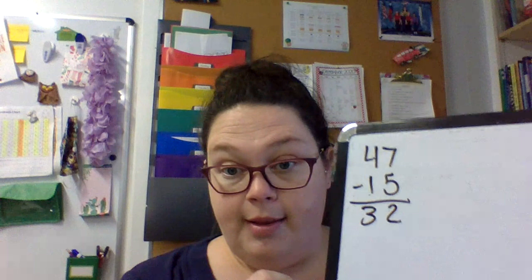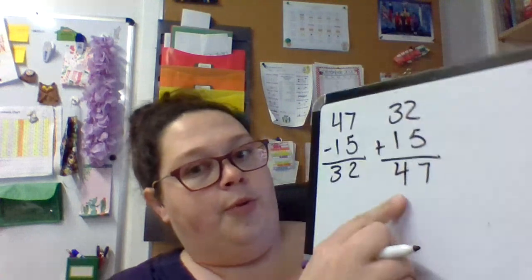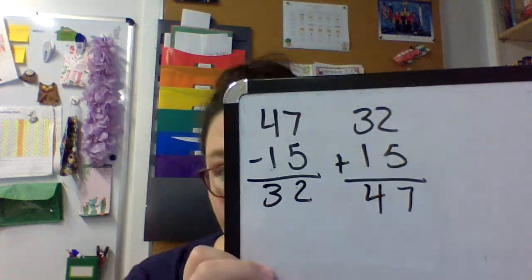So we're going to check this by going 32 plus 15, and we're going to make sure that it gets the same answer. So 2 plus 5 is 7, 3 and 1 is 4, 47 and 47. So you're correct. You did that correct. That is how you're going to check your subtraction with addition. Hopefully that isn't too hard and too confusing.